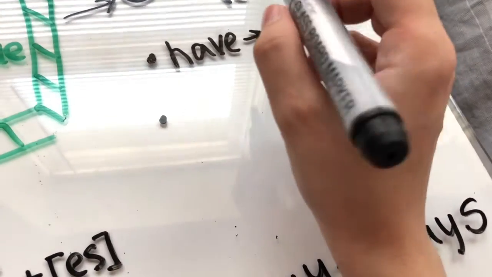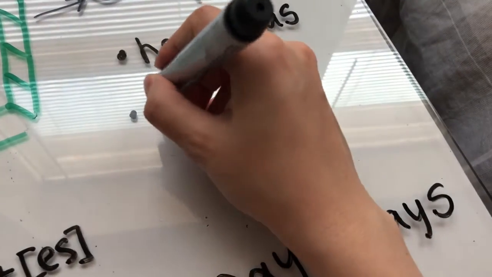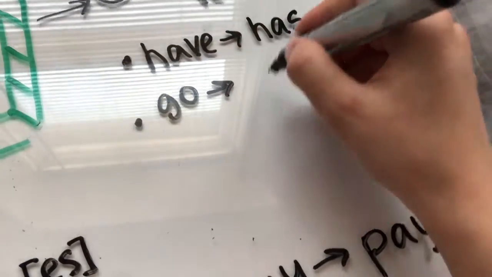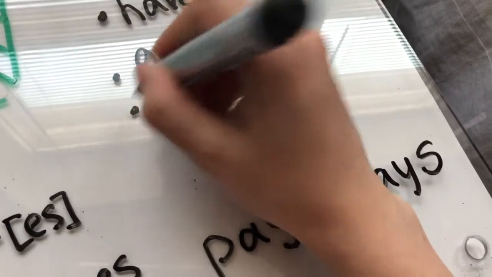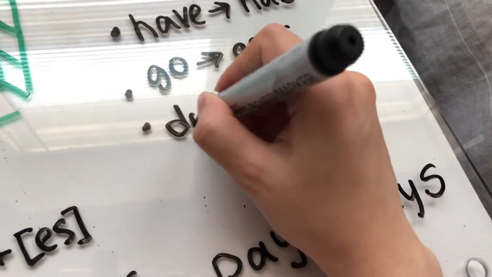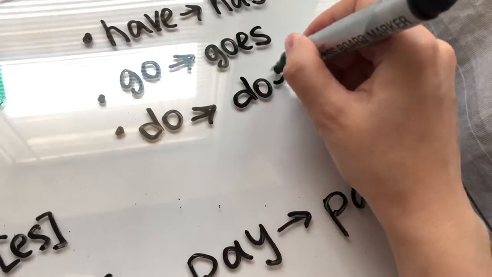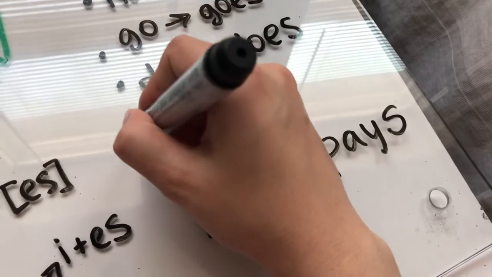What about go? Go becomes goes. What about do? Do becomes does. What about be?